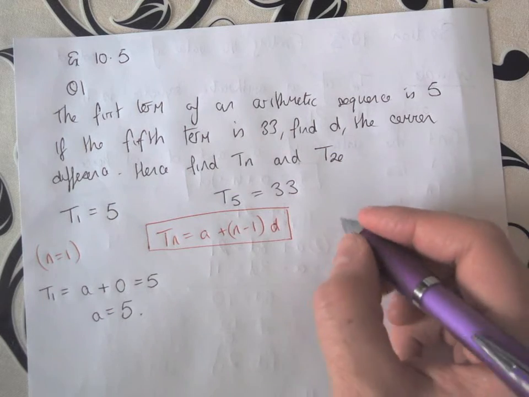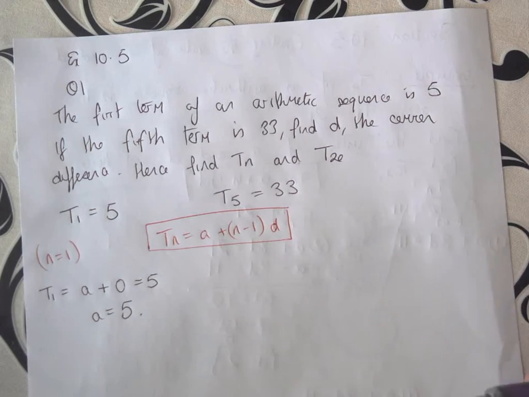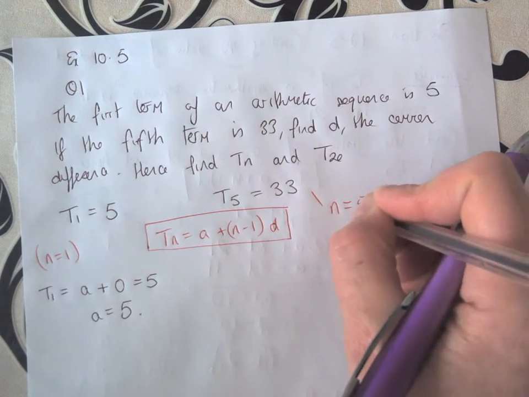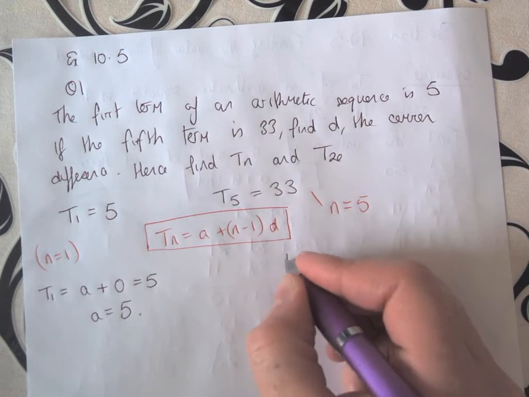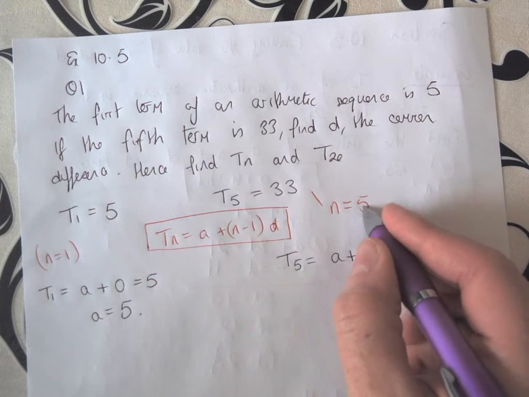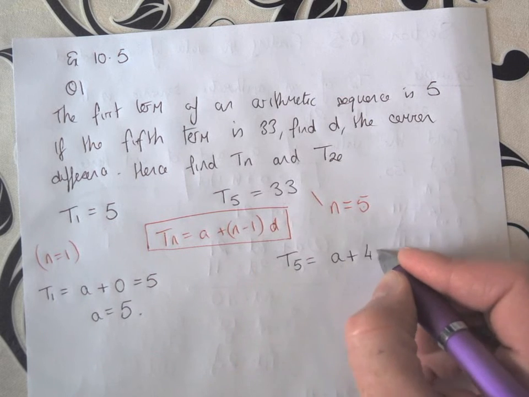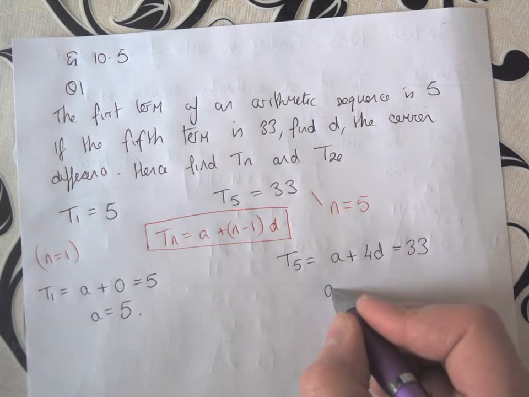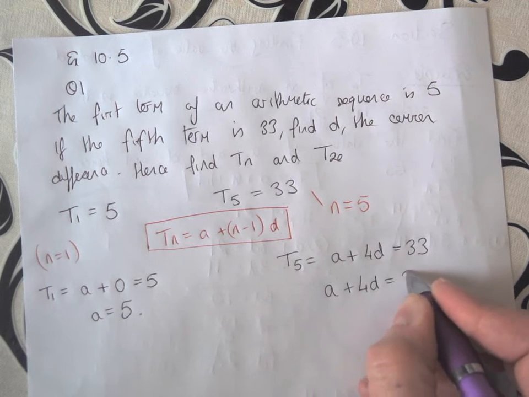Alright, in this one, n is equal to 5. So T5 is equal to A plus n is 5, so n minus 1 is 4, and the answer will be 33. So we can ignore this bit. It's A plus 4D equals 33.